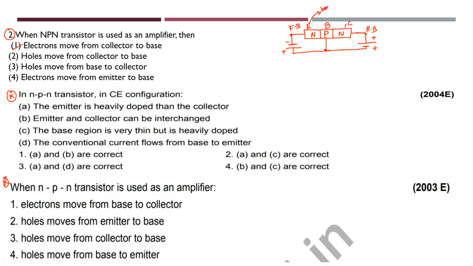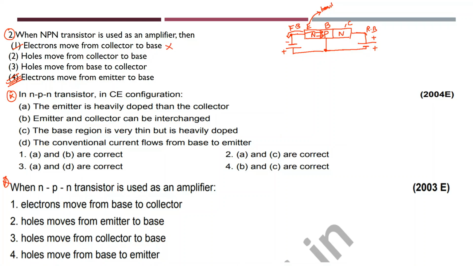The emitter is heavily doped. So electrons will come out from the emitter region. Electrons can't come here because here it is negative, here it is negative. So electrons will definitely move on to which region? The base region. So electrons will move from emitter to base region. This is the right answer. Electrons moving from collector to base is the wrong answer.